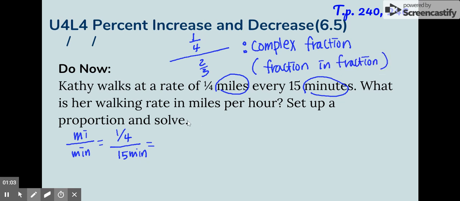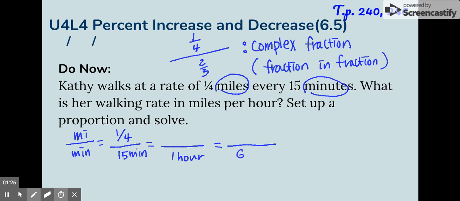All right. So now what we want to know, what is our walking rate in miles per hour? So miles per hour, 1 hour, right? But as you see, two different units here, so can I just change this to number of minutes? How many minutes in 1 hour?